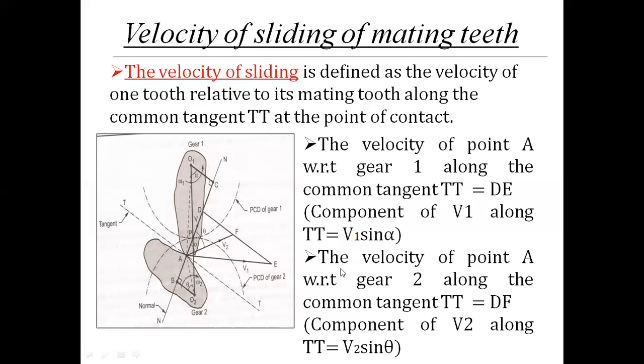Now the velocity of the same point A with respect to gear 2 along the common tangent line TT is DF.